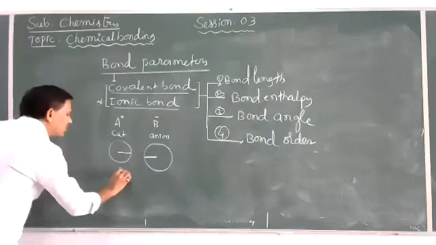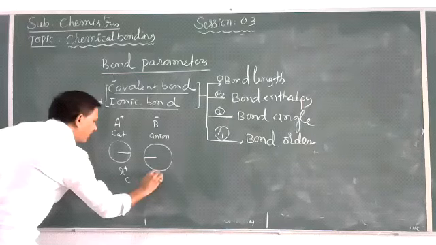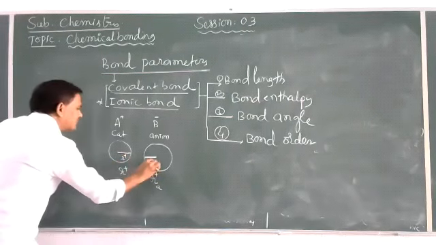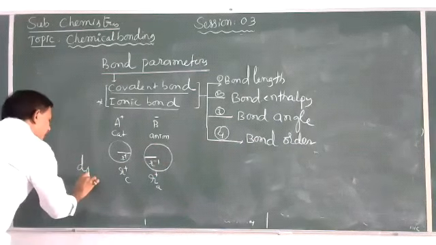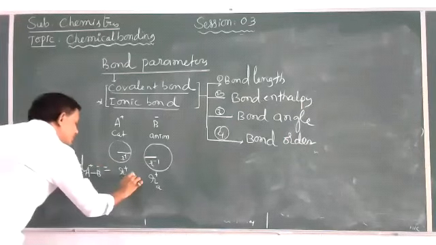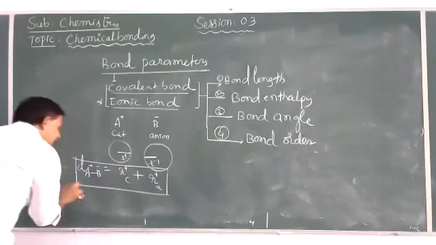The distance between A plus and B minus is equal to the sum of the radius of the cation and the radius of the anion.